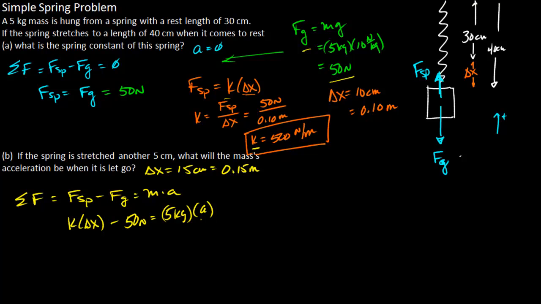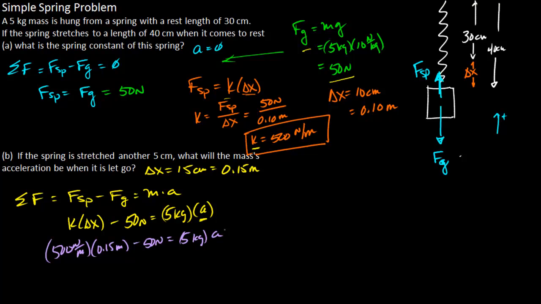So again, we're looking for the acceleration. I can now plug in some other values that I have. I can use K from part A, so I have 500 newtons per meter times 0.15 meters minus 50 newtons is going to equal 5 times the acceleration. Now it's just doing a little math.